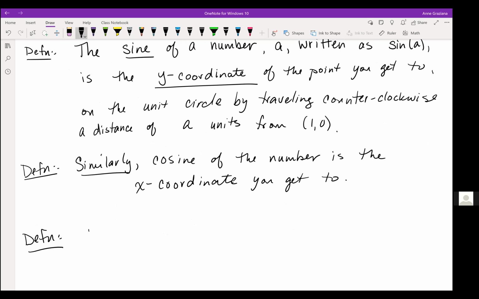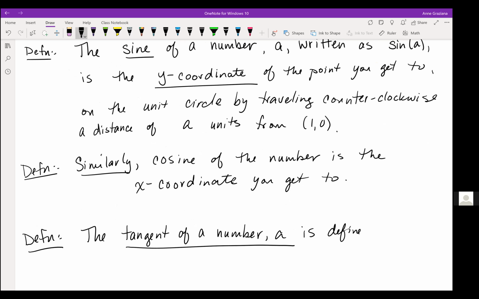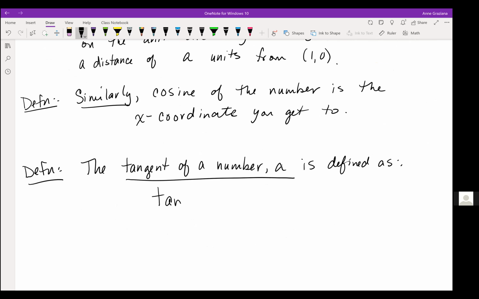The tangent of a number A is defined as sine of A over cosine of A, which is basically the y coordinate over the x coordinate.